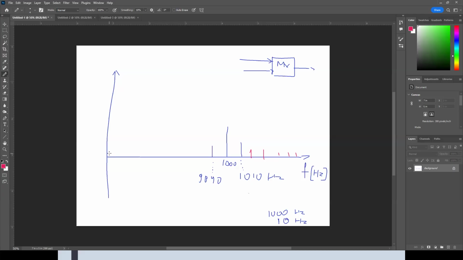Noise. Good. We're going to have some sort of a noise floor going on. What else? Missing one thing, one thing for sure.